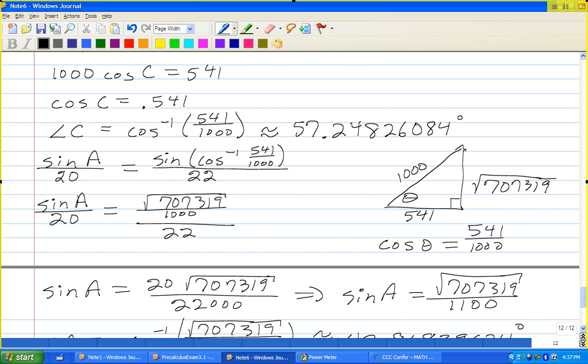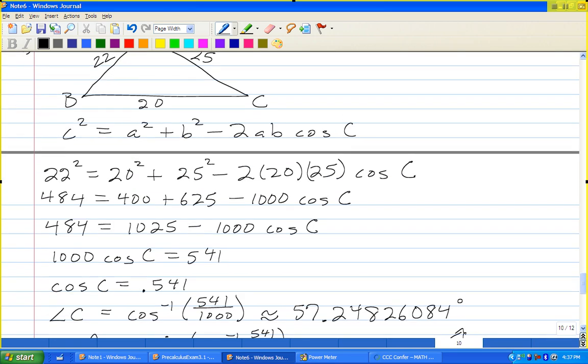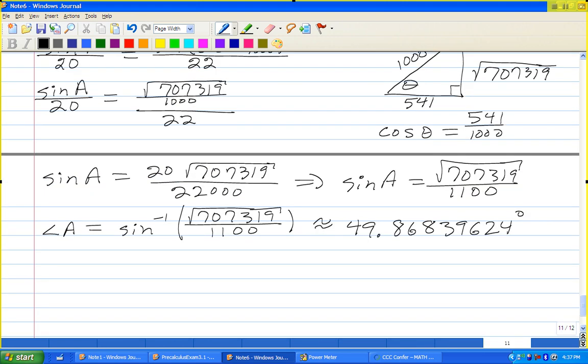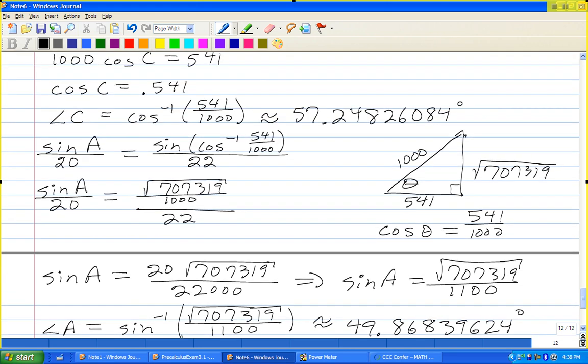I have A, I have C, and B. A plus B plus C is 180 degrees. Oh, none of these are nice.